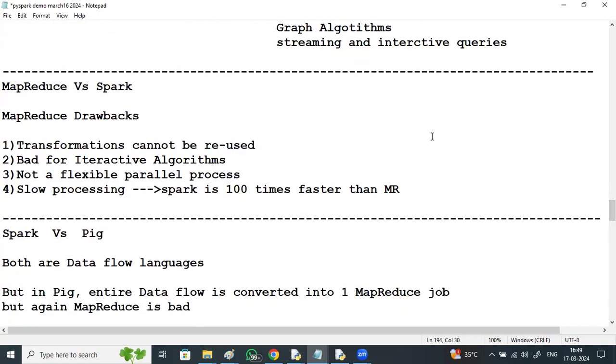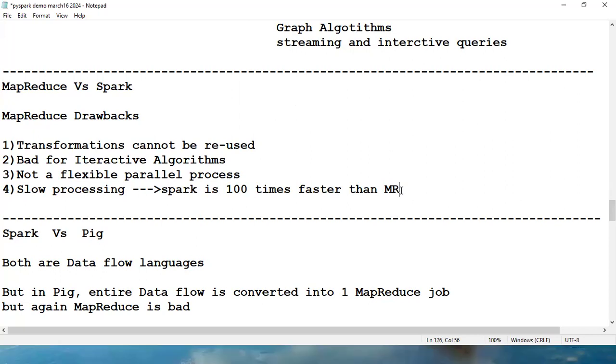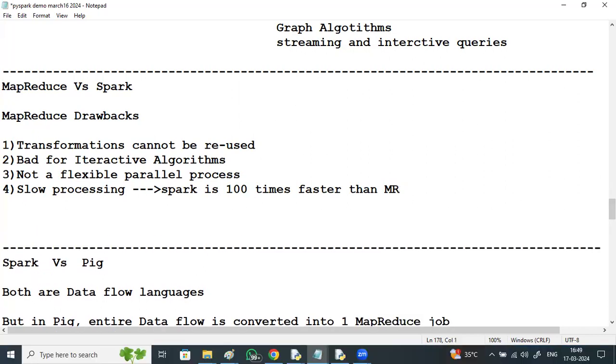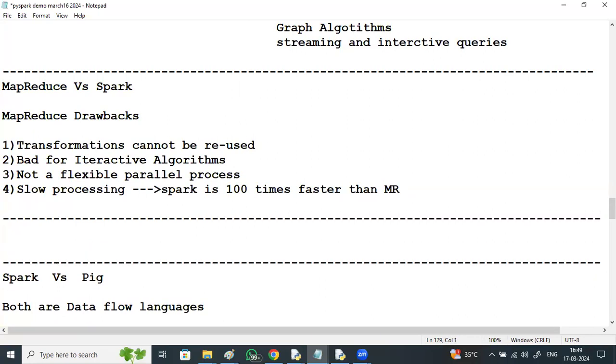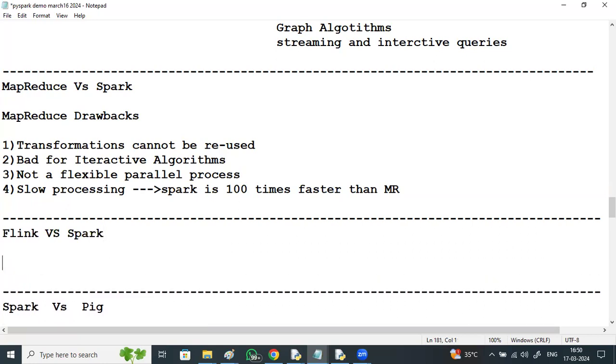MapReduce and Spark. One more thing some people ask about: there's one more product given by Apache, Flink. Both were introduced around 2016-17.